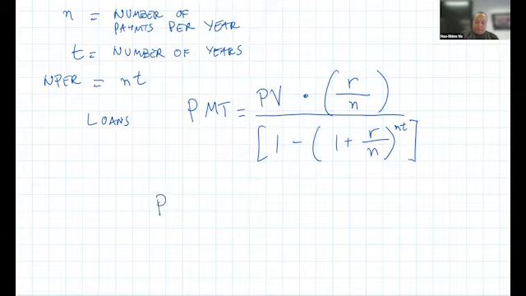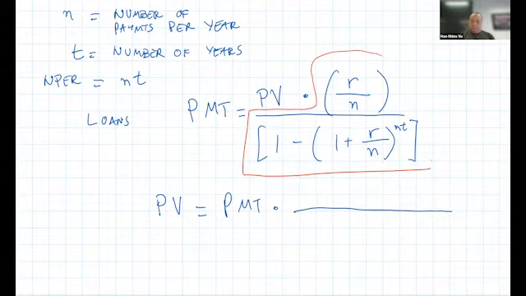And you end up with PV is equal to... the original formula has PMT equal to PV times that big expression. But at the end of the day, that big expression is a fraction. So if you want to compute PV, you flip that fraction over and basically divide it.